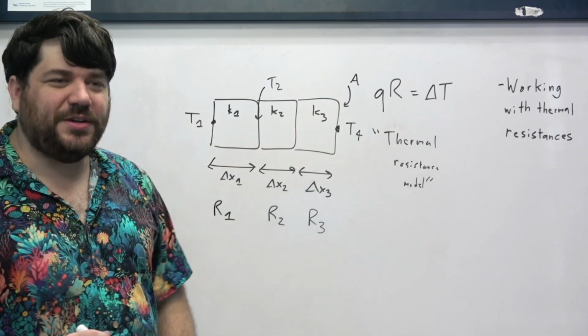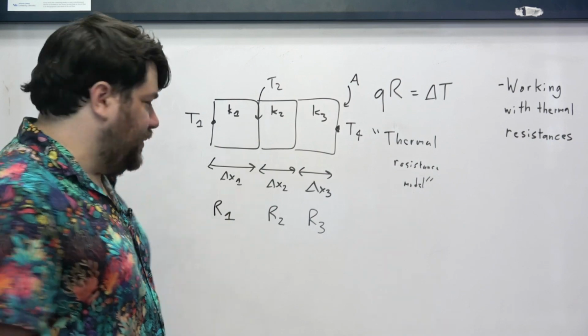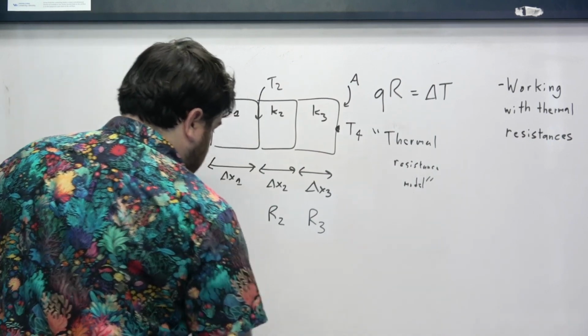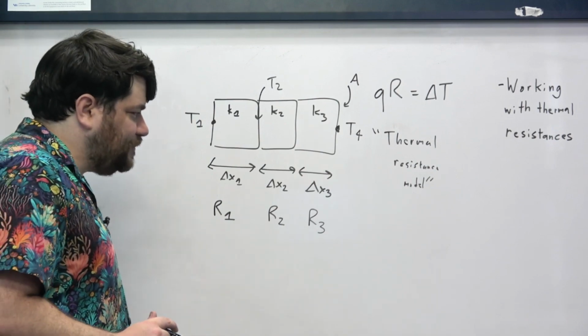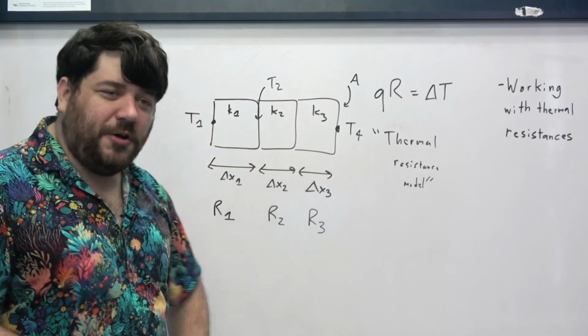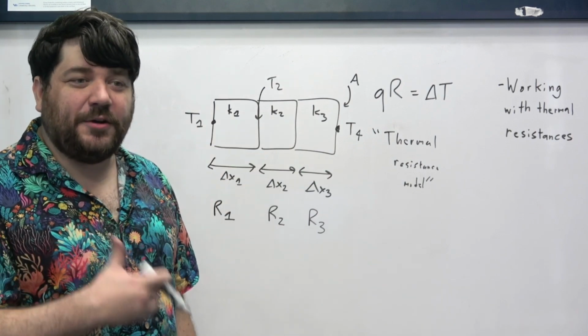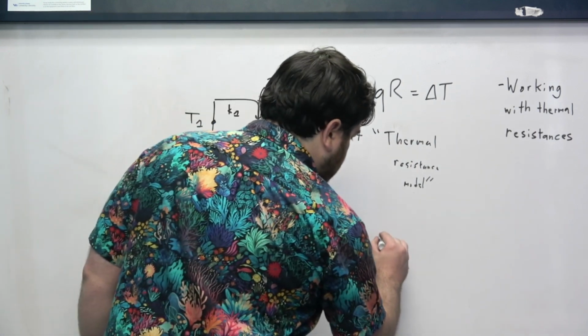And if I have a situation like this, I don't actually have to think about the geometry in this way. I can just set this up as a thermal circuit. So this is my original image. What I'm going to do is take each of these walls and treat them like a resistor in an electrical circuit, all right?